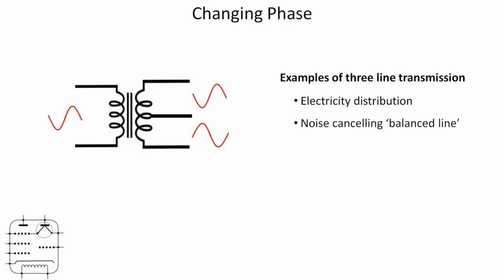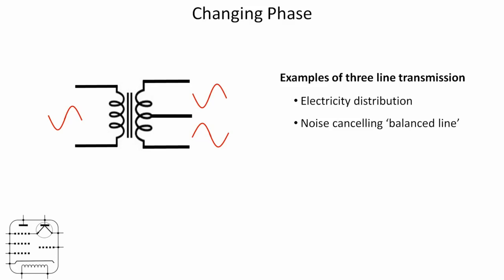It's quite handy from a noise cancelling point of view. In particular, balanced line is a really nice example of that. If you've ever been involved with professional grade microphones that have those connectors called an XLR, they have 3 connectors. There's the screened outer, which in the example of this circuit would be the centre tap, and there's usually a black wire and a red wire, which would be the top and the bottom, and the audio signal is transmitted along the line, and there's effectively a mirror image of the signal on each of the red and the black line.